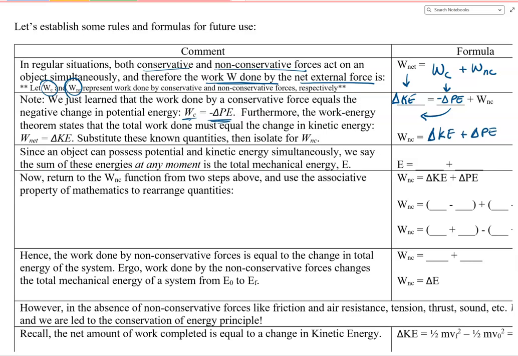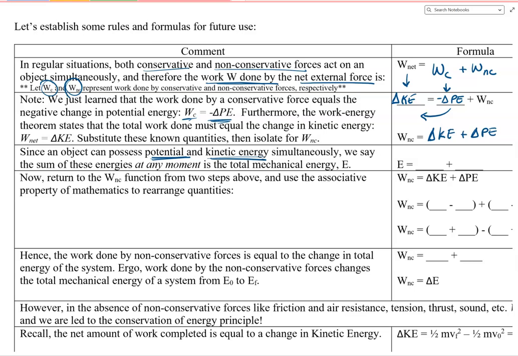Now, since an object can possess both potential and kinetic energy simultaneously, so it can be moving and have a certain amount of energy, it could be elevated and have gravitational potential energy, for example, or it could be pressed up against a spring and have spring or elastic potential energy.